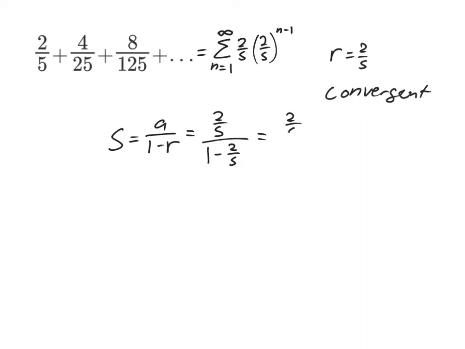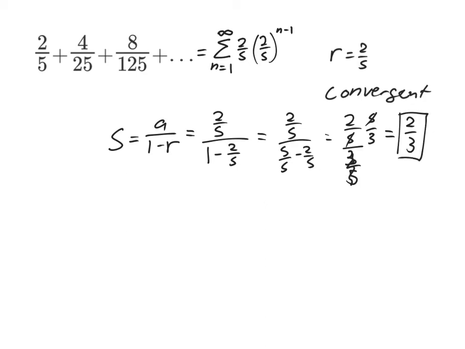So then we get 2/5 divided by, if I get a common denominator, 5/5 minus 2/5. Or in other words, 2/5 divided by 3/5. Flip and multiply. This reduces with this, and we end up getting 2/3. So that is what it's going to add up to be.